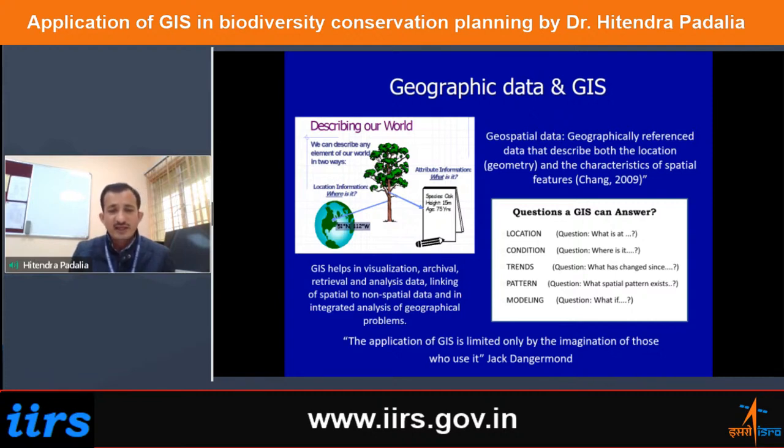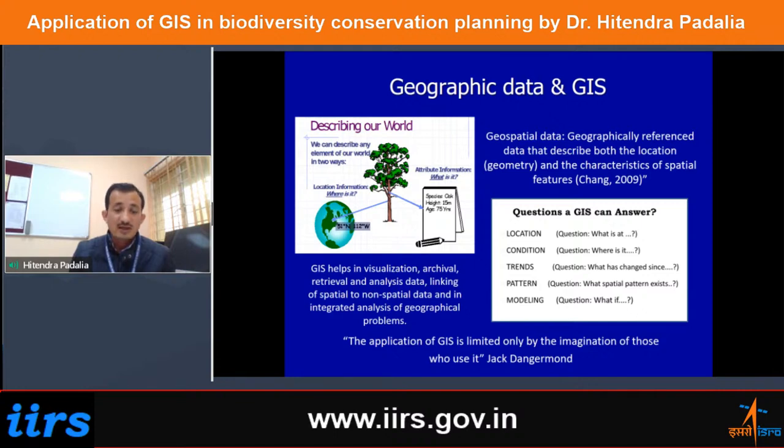Both kinds of data can be stored in GIS. It can be analyzed by applying certain rules and methods in the GIS platform itself, and it can link the features with the attribute information in a variety of ways.